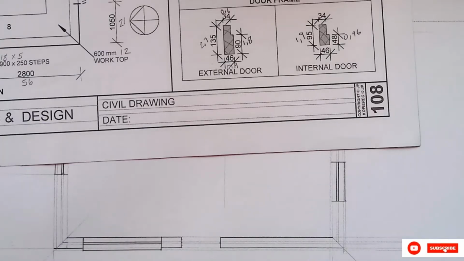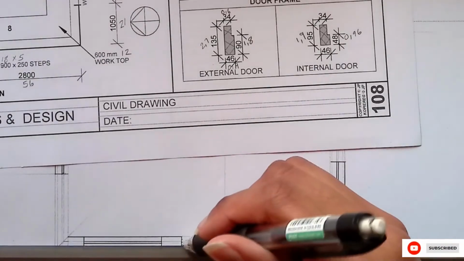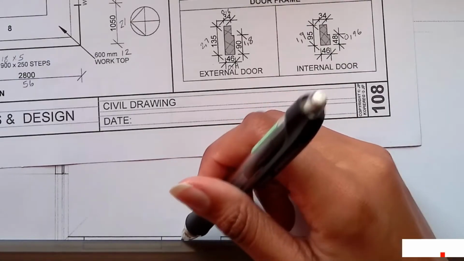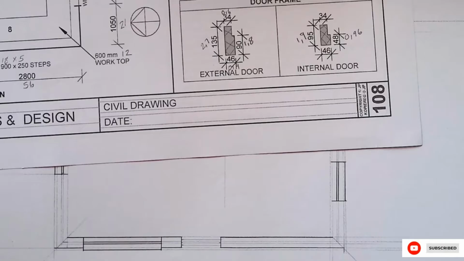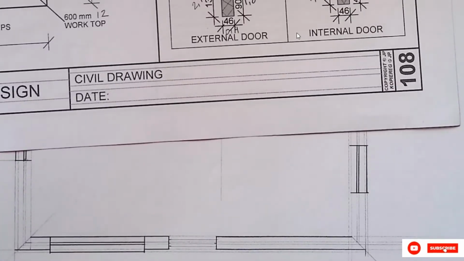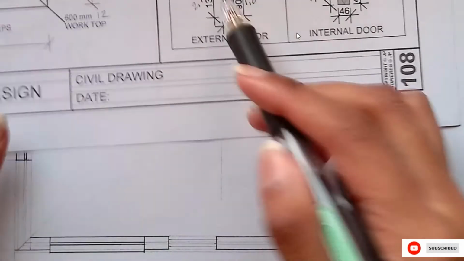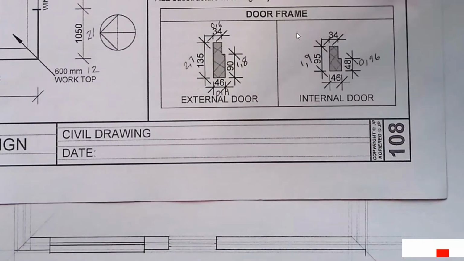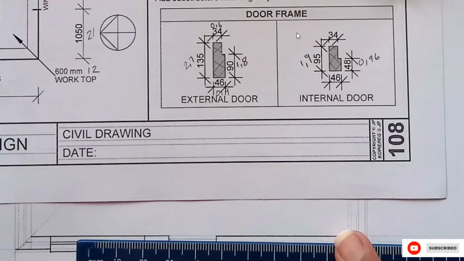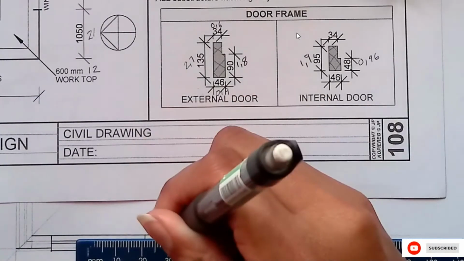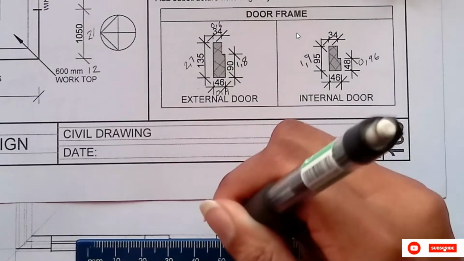So I've marked 2 dots there, which are about 1.5. I'm going to transfer it to the other side, like that. Once it is transferred, then I can measure this. I can now measure this 0.6 on each side from where the wall is, 0.6.